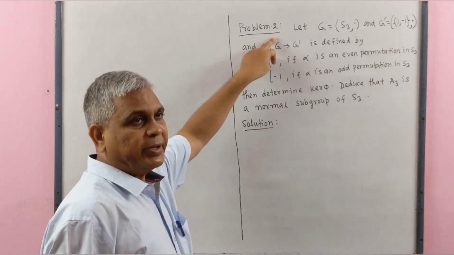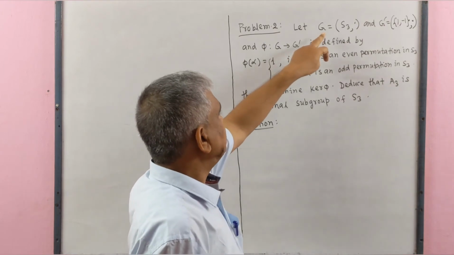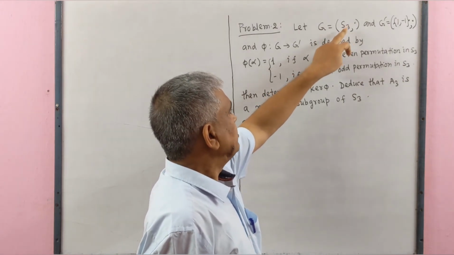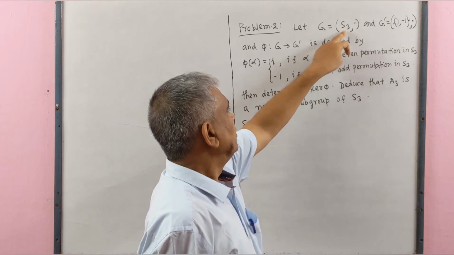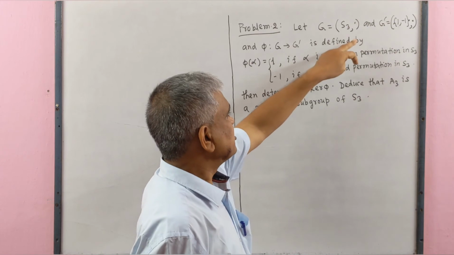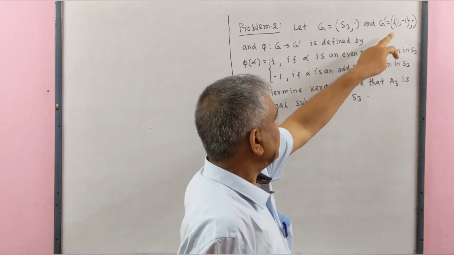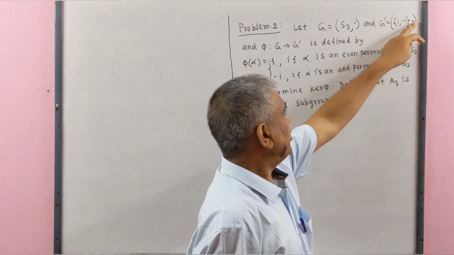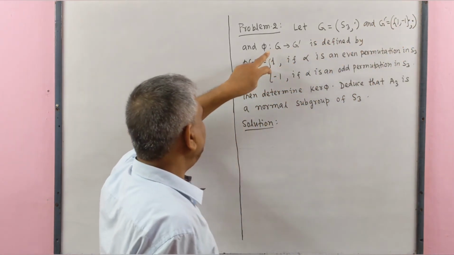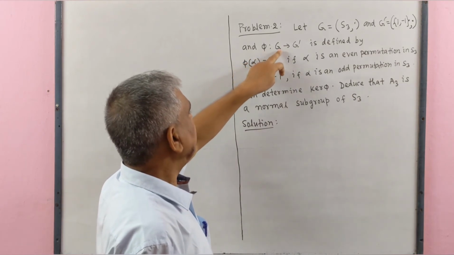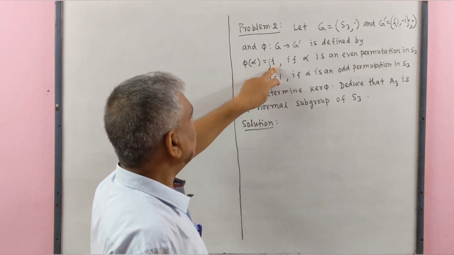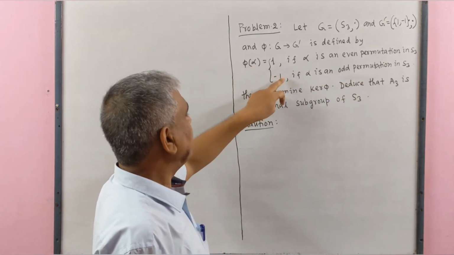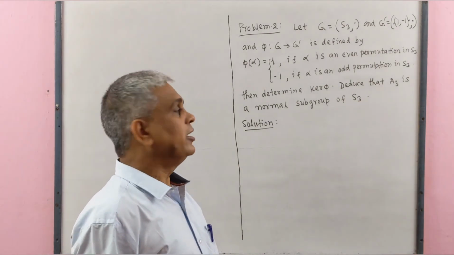Now we solve problem number 2. Let G be equal to S3, the symmetric group of degree 3, with binary operation multiplication of permutations, and G prime is a set containing elements 1 and minus 1 with binary operation simple multiplication, and phi is a mapping defined on G into G prime as phi alpha equals 1 if alpha is an even permutation in S3, and phi alpha equals minus 1 if alpha is an odd permutation in S3.